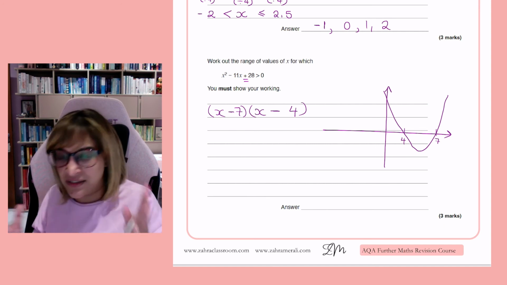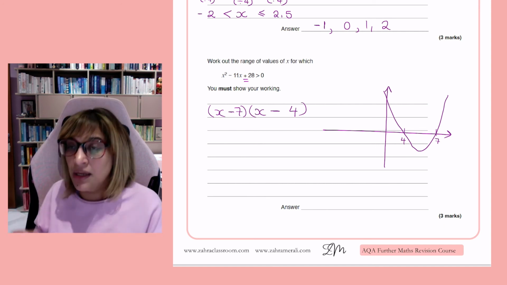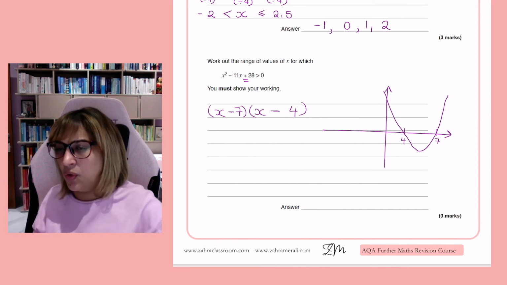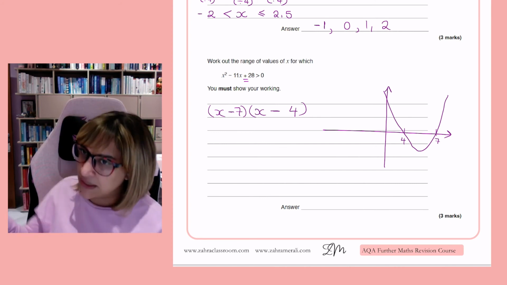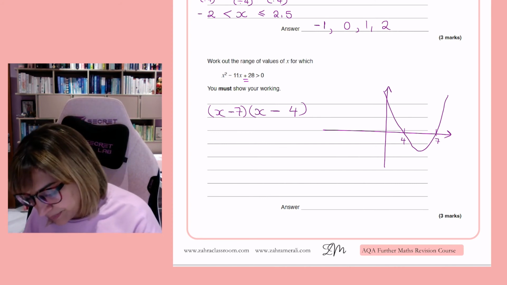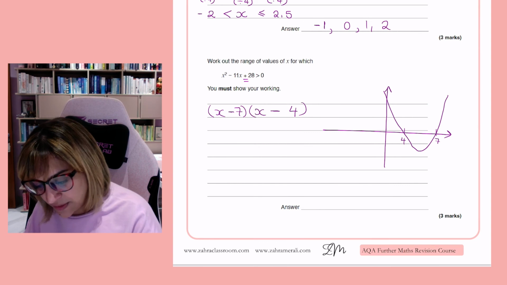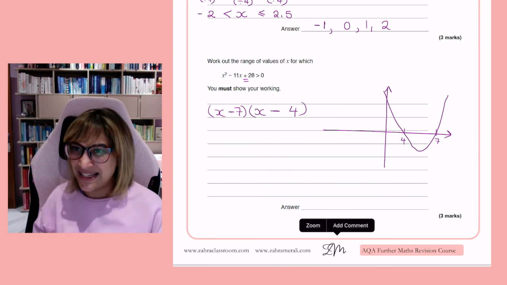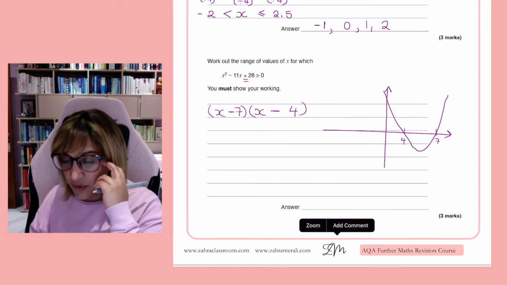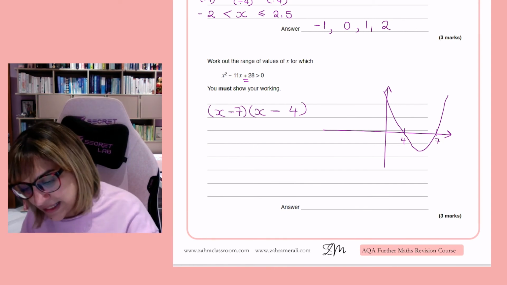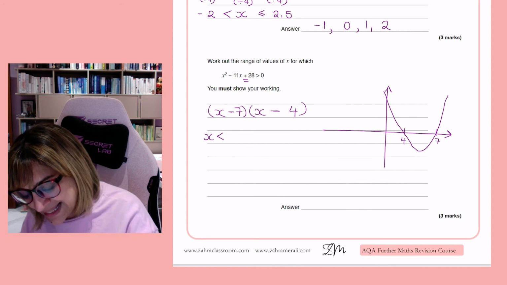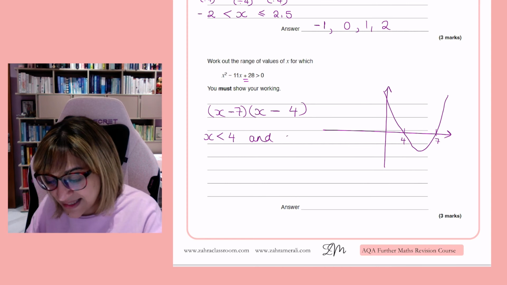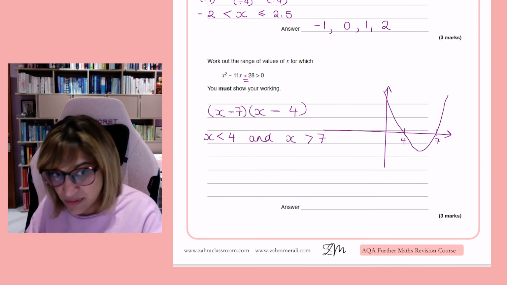You're never going to get a random mix. So either your values are going to be between 4 and 7, or they're going to be less than 4 and greater than 7. So if I'm here and I go, that's positive. Whereas if I go in between and I read off a value, it's negative. So I want where it's positive, which in this case is when x is less than 4 and x is greater than 7.